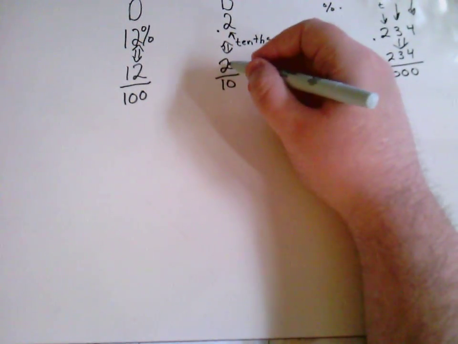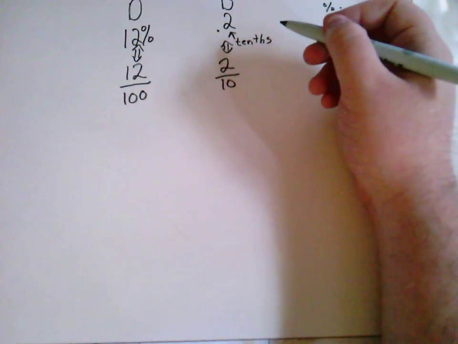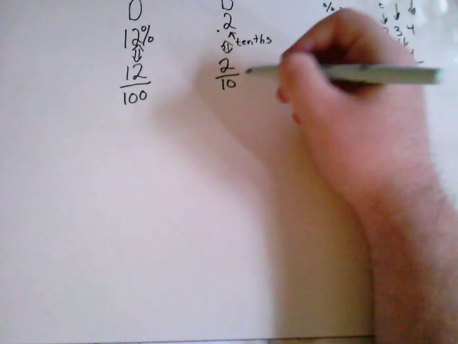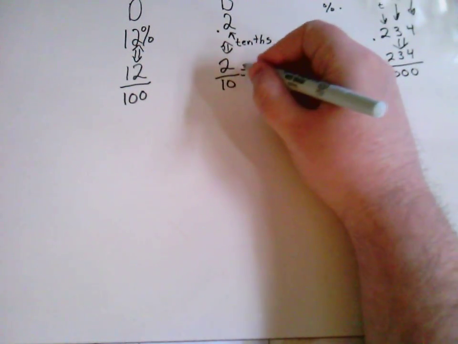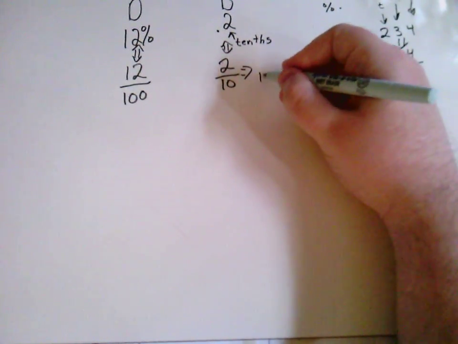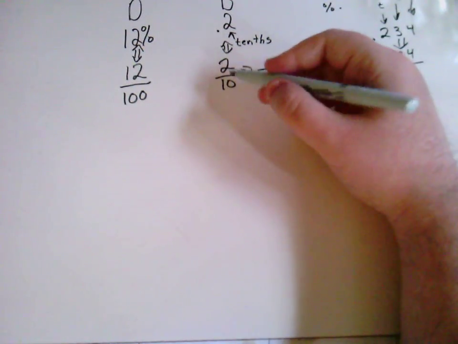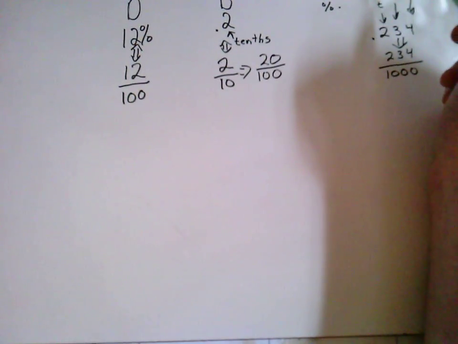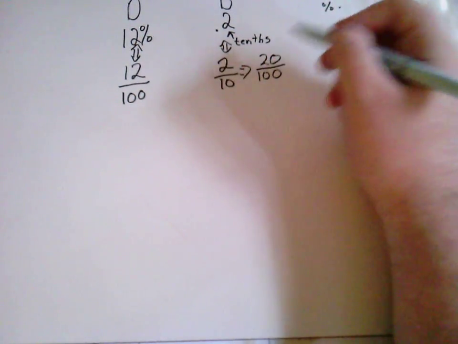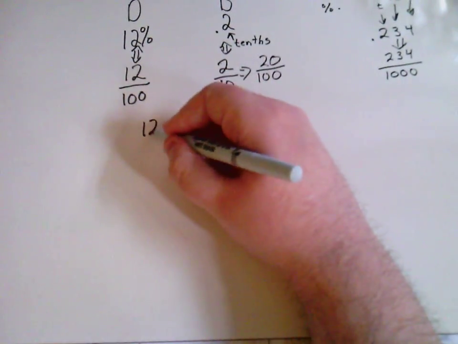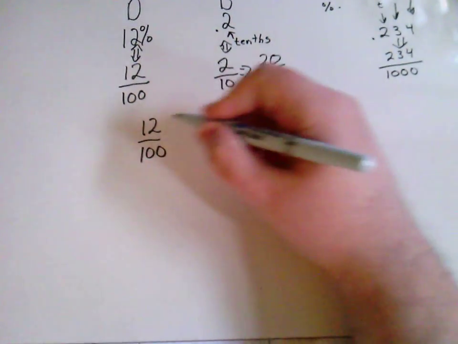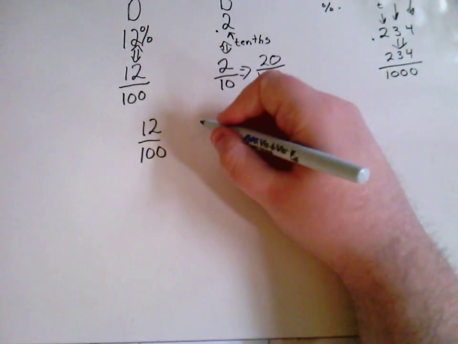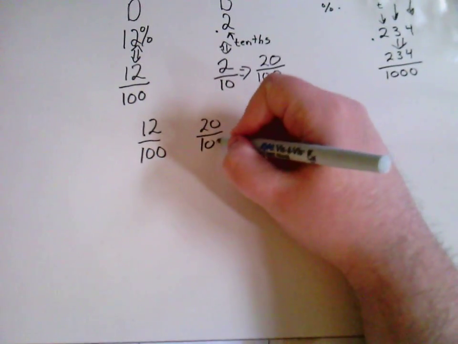It's very easy to convert this number over here to something with the two zeros in the denominator, the 100ths. The way to do that is if we add a 0 down here, we can just add a 0 up here. So 2/10 is actually 20 100ths. So now we're comparing 12 100ths to 20 100ths.